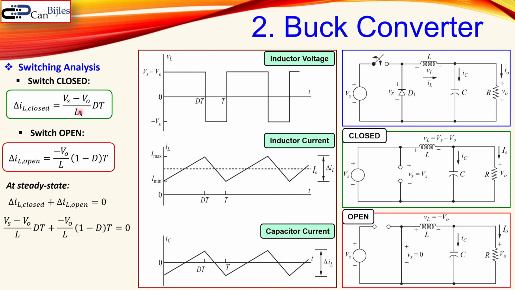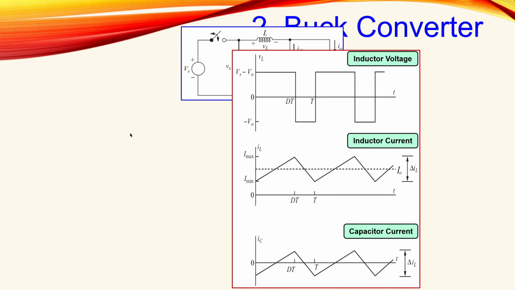That means the following: you take this and this expression, add them up, and they need to be 0. You can divide out the T over L here, so you get actually this expression. And when you now rewrite this such that you have Vo in terms of the other parameters, you get this expression. And this is also the expression we have seen before in the introduction. Now you see it also from the buck converter analysis.